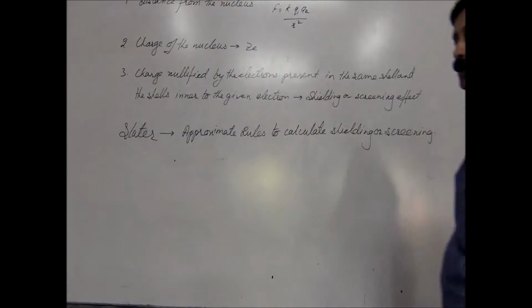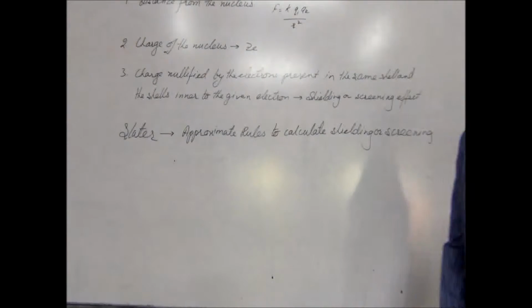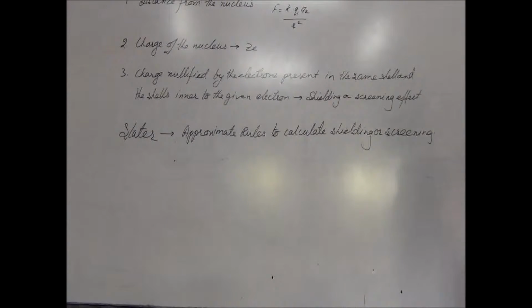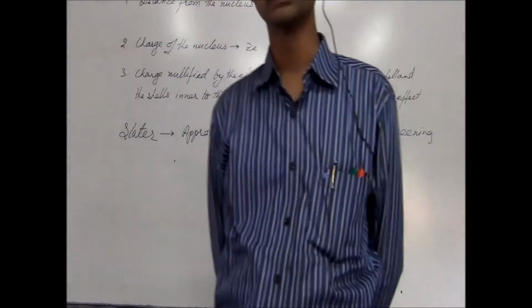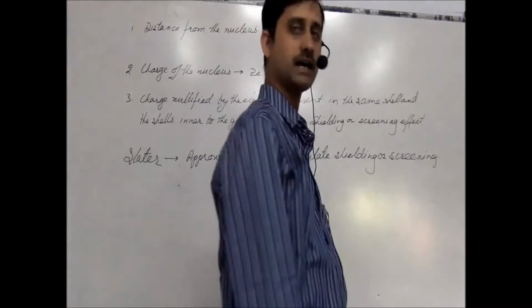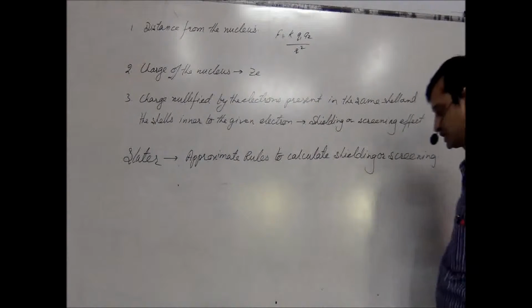The neutralizing or nullifying of the nuclear charge by the electrons present in the same shell or the shells inner to the given electron is known as screening or shielding.